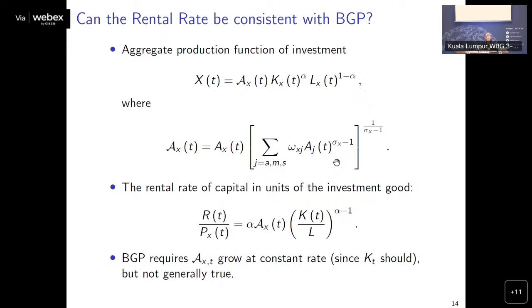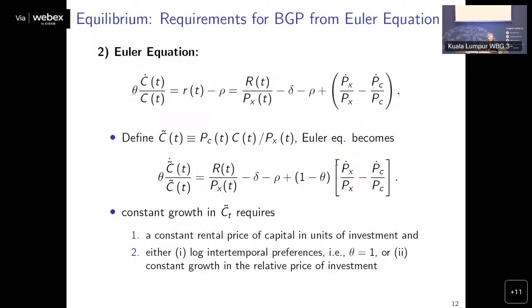And what they're going to do, to give you an intuition, is in your investment dynamics, the amount of capital that you'd like is going to be changing over time because the relative price of investment is going to be changing over time. And the return on capital is going to be changing over time.